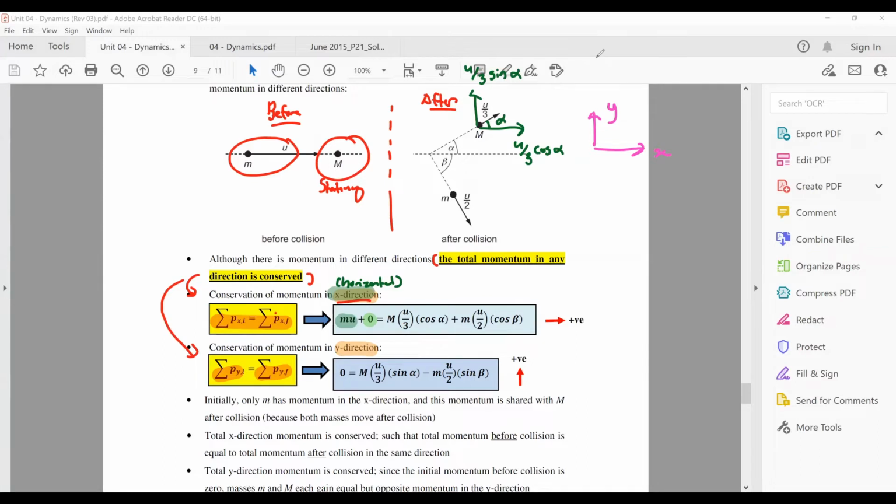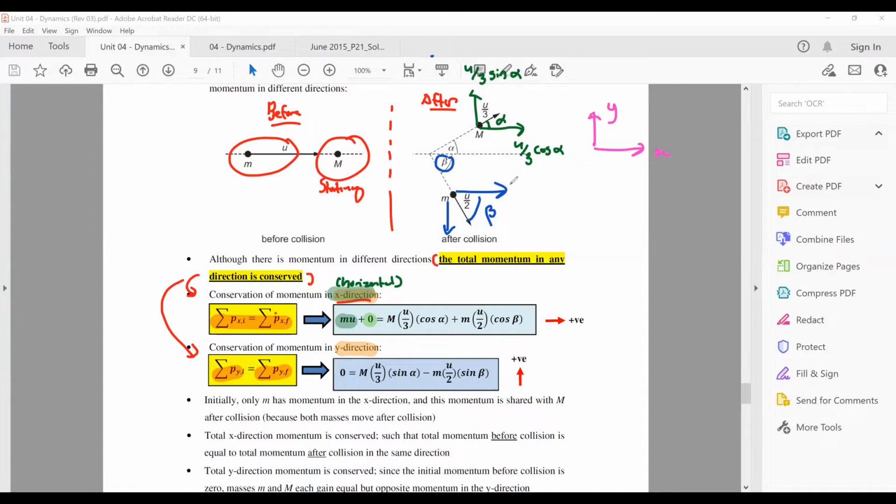Likewise, if I look at the one at the bottom here, I can resolve the velocities into two perpendicular directions so that I can get momentum in two different directions. If this is angle beta here, this will be angle beta too.